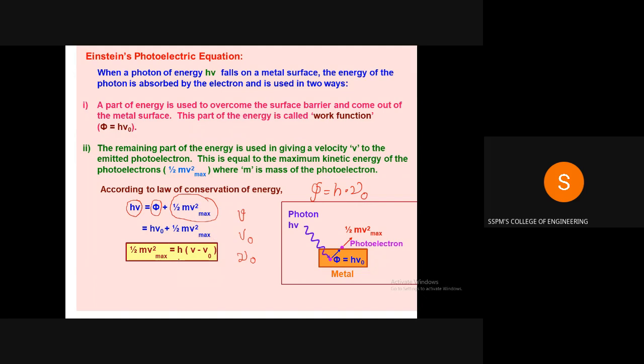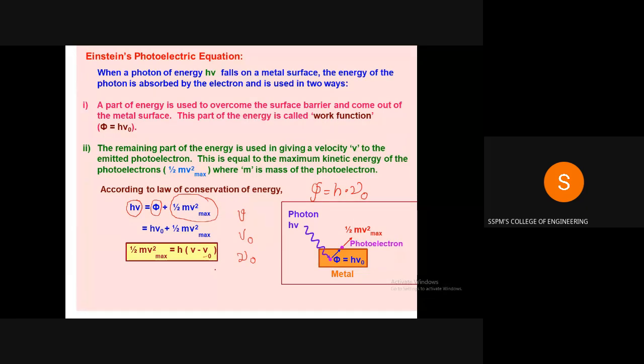H is to be taken common. This is not v, this is simply mu. Mu means the frequency of the photons, mu zero the threshold frequency. You have to remember this formula to solve a number of problems. So that is the first aspect.